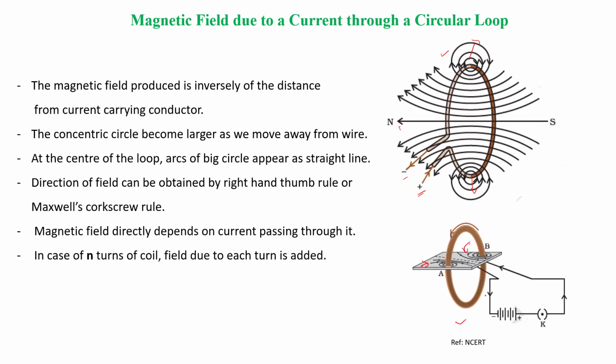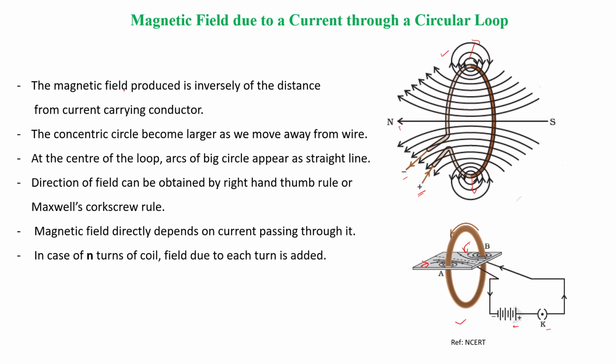Here the supply is given, this is the key. If we have n number of coils, the fields will be added. So the field strength is going to increase if the number of turns is more, and all turns carry the same current.